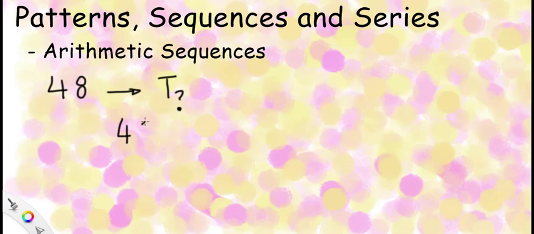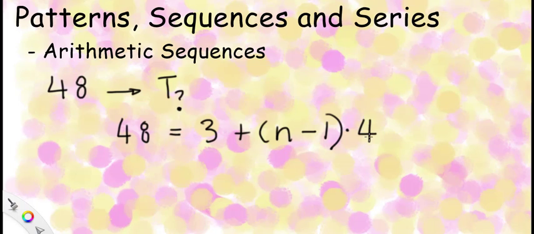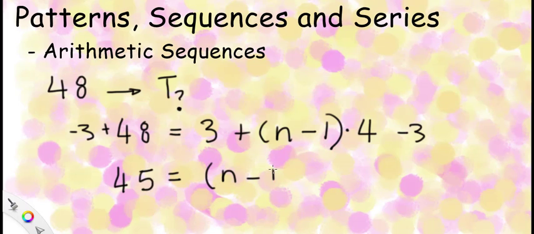We say 48 is equal to 3 plus n minus 1 times 4. Okay, and we subtract 3 and we subtract 3 from this side. 48 minus 3 leaves us with 45, and then we have n minus 1 times 4.